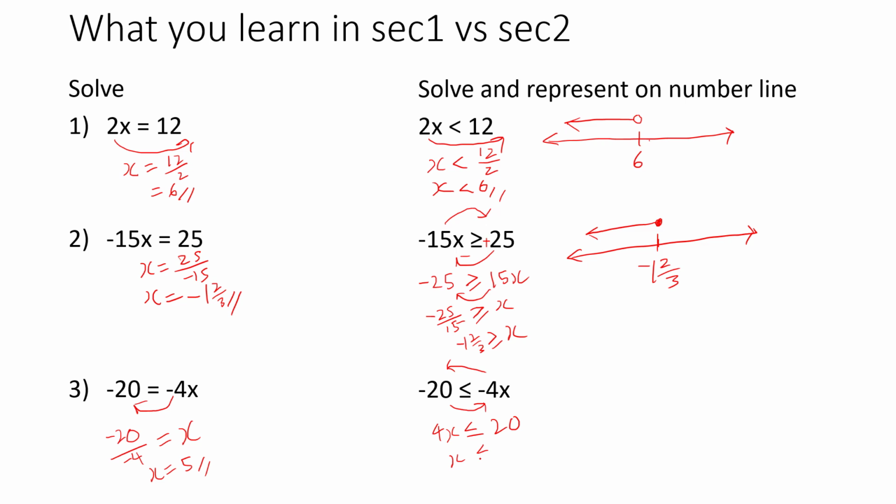So x is smaller or equals to 5. And my number line will just be 5 is down here, the dot, and smaller than will be like this. Okay. Now, some students actually like to do this. I show you a wrong example.